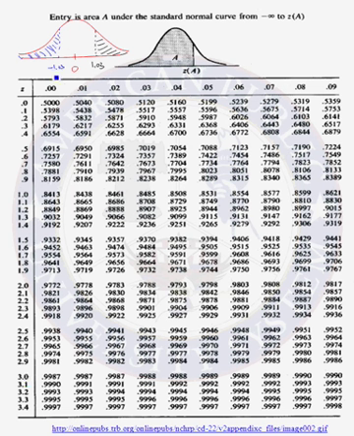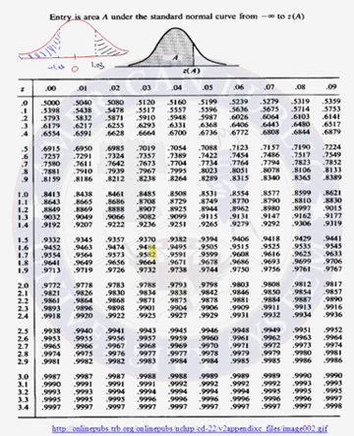We wanted the area below negative 1.03 to get our p-value. Because of the symmetry of the normal distribution, the area to the left of negative 1.03 is the same as the area to the right of positive 1.03. So if we can find this area, that equals our p-value.